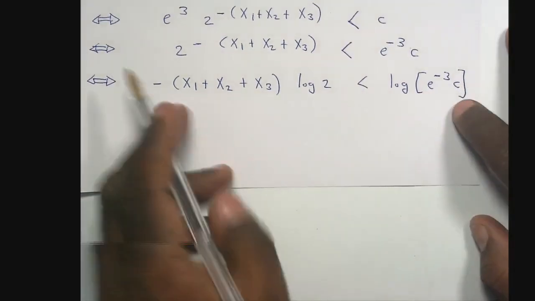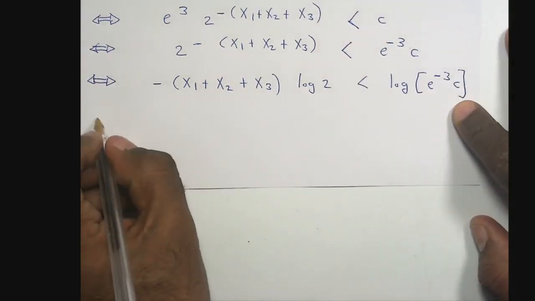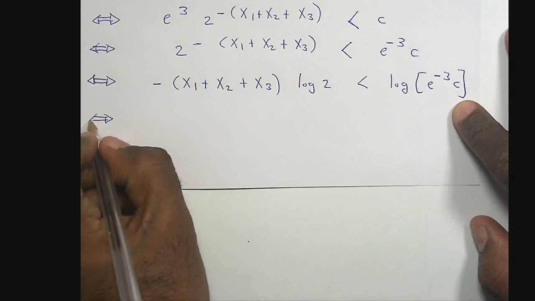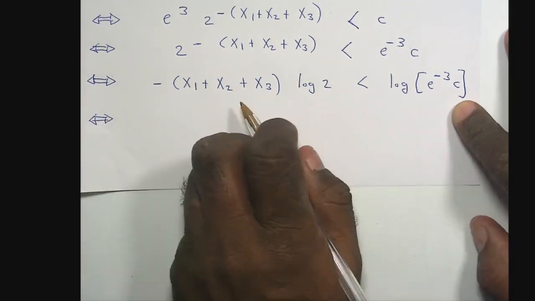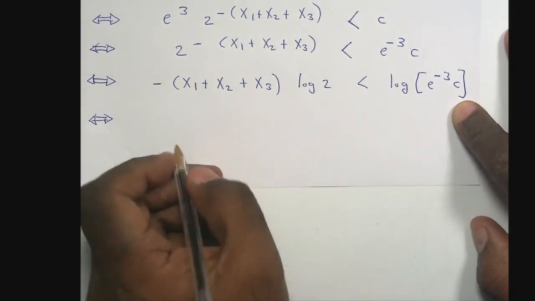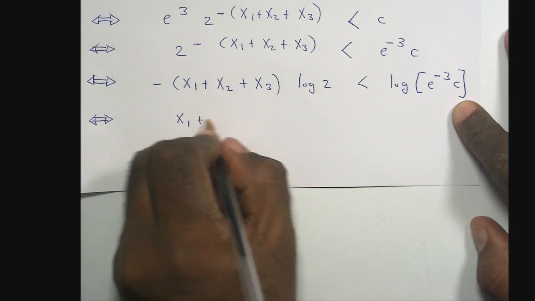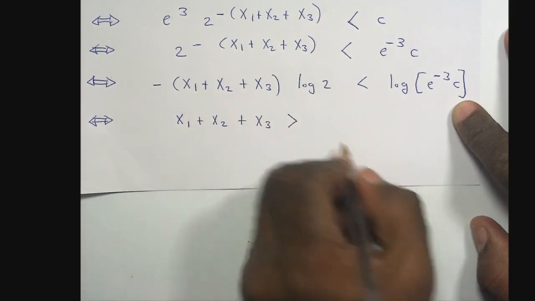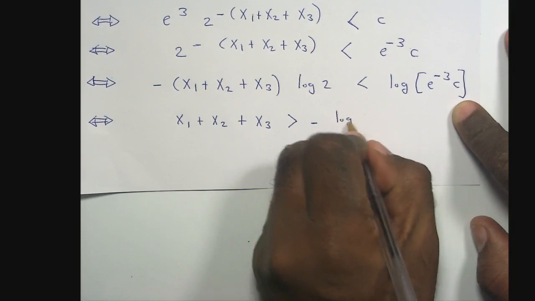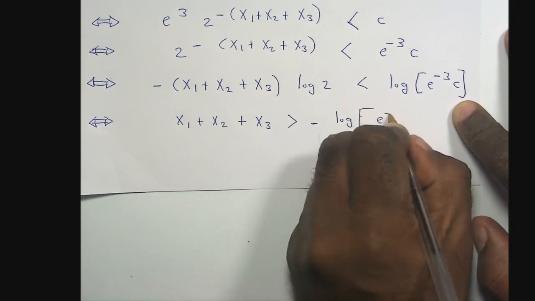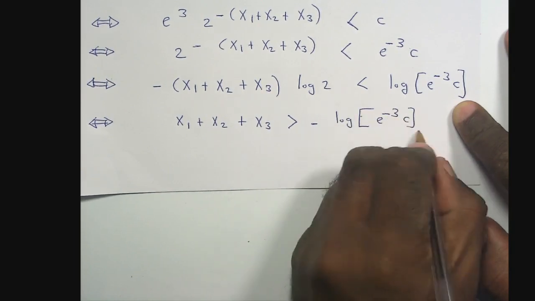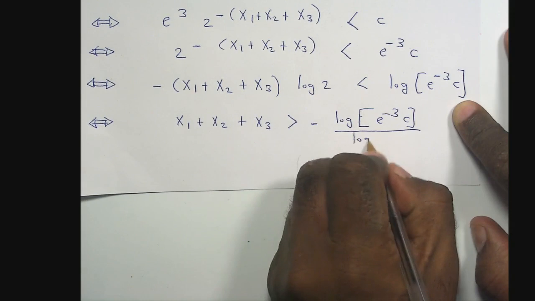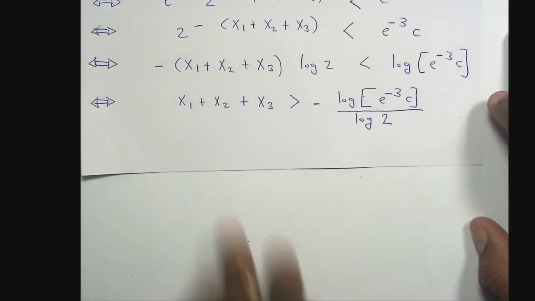Now I'm going to divide the left and the right by minus 2. So this will become this.